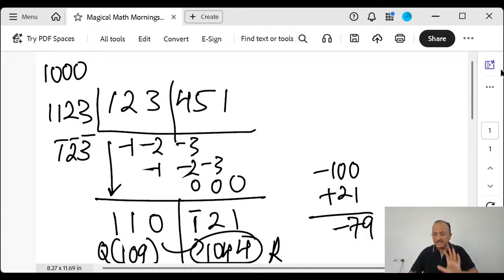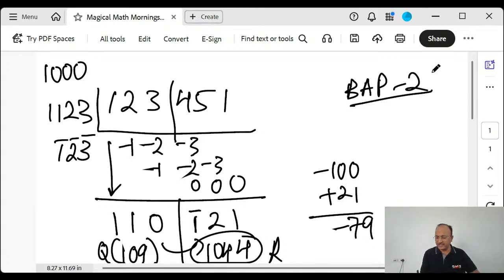Try different numbers. And for the weekend, to recap all the addition and subtraction, 2 practice worksheets I'm planning to give. Try that. And in the group, I want you to put the number like this: basic addition practice 2. This is the second test.